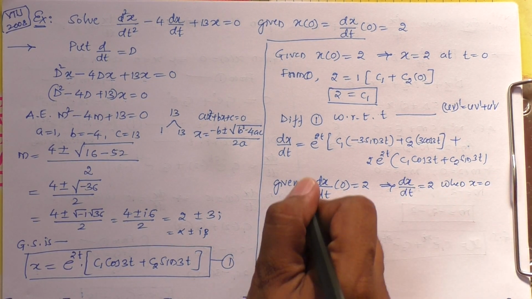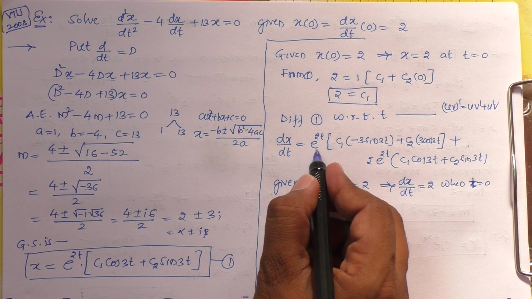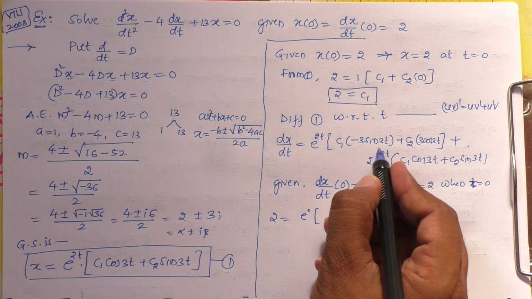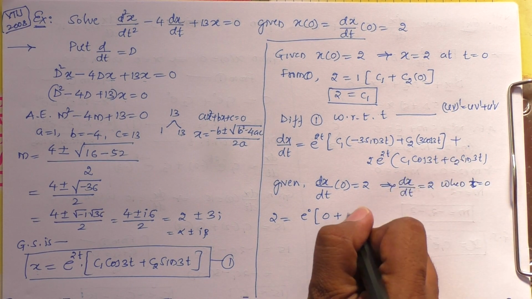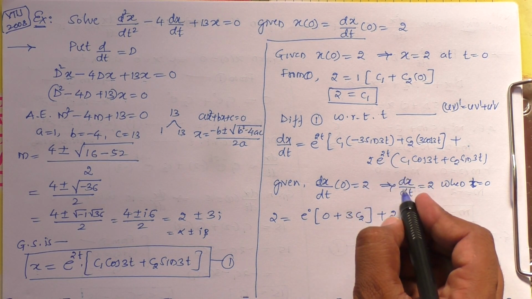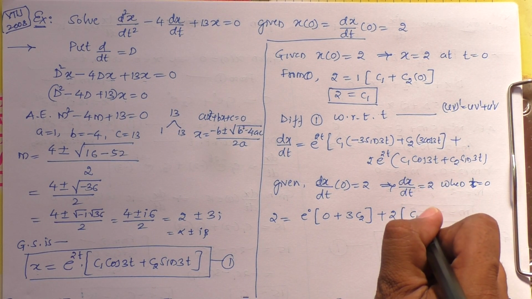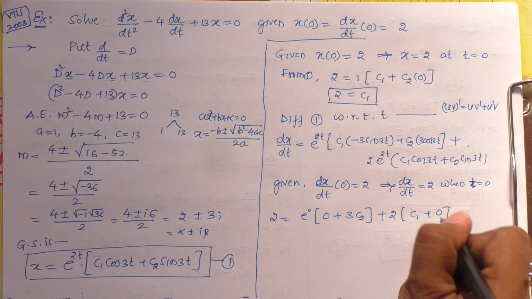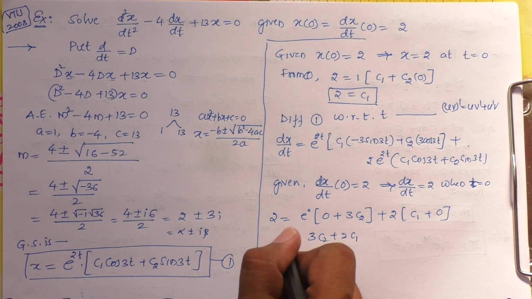So apply this one, dx by dt is 2 when t equals 0, substitute t equal to 0: e raised to 0 into bracket, c1 sin 0 is 0, cos 0 is 1, so 3c2 we get, plus 2 into e raised to 0 is 1 into bracket c1 cos 0, c1, plus c2 sin 0 is 0, so that term becomes 0. So we get 3c2 plus 2c1 equal to 2.